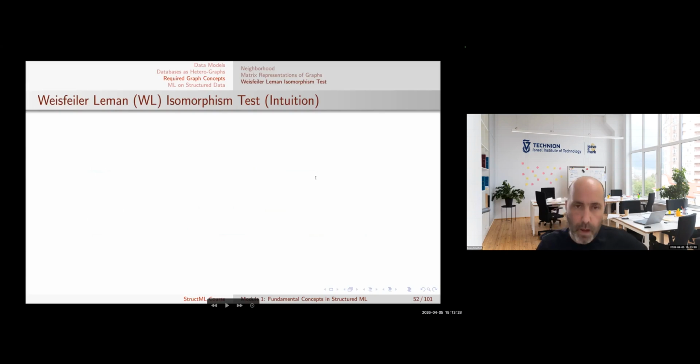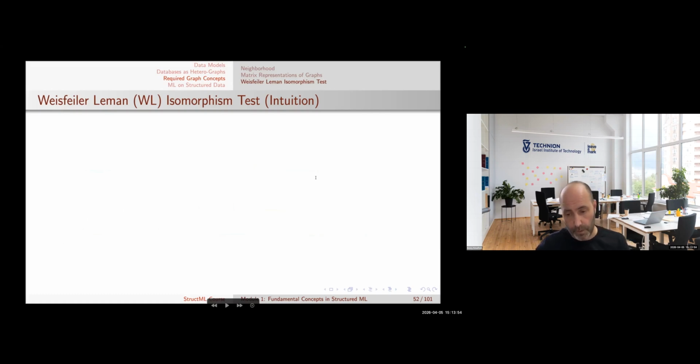So how is the test going? The idea is to come up with a test such that if two graphs are isomorphic, then the test will say yes, they look isomorphic to me. So this is like a necessary condition.